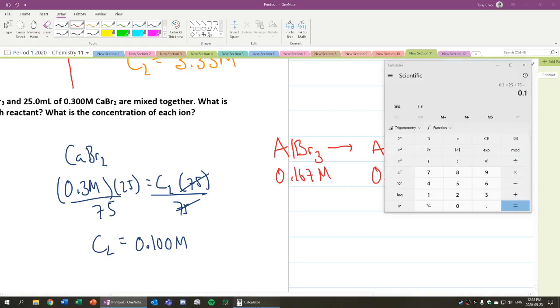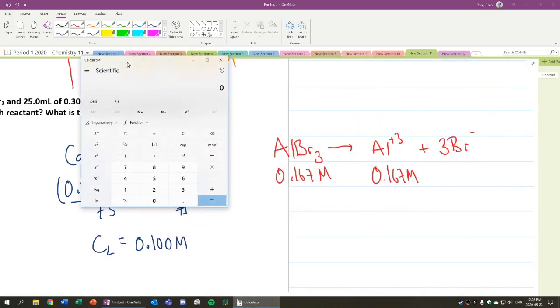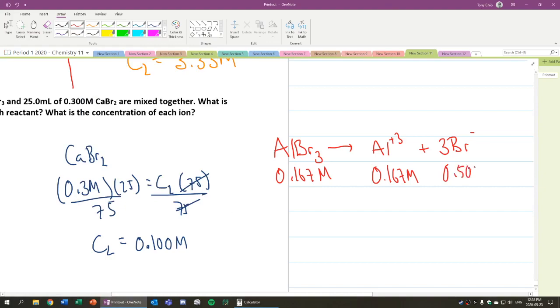But what would the bromide be? Because there are 3 bromide ions, 0.1667 gets multiplied by 3, and you get 0.500 molarity of bromide.